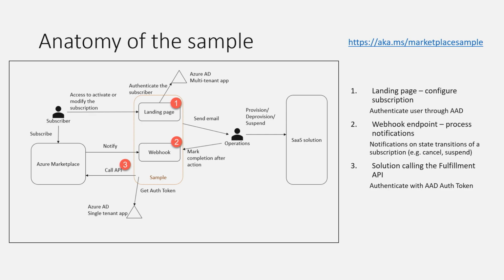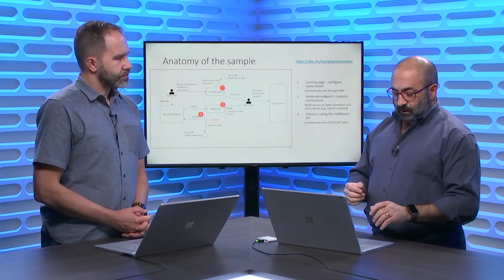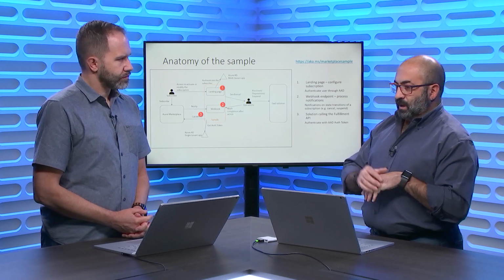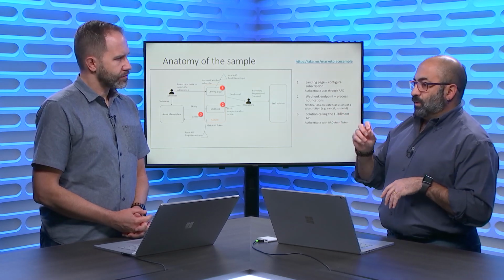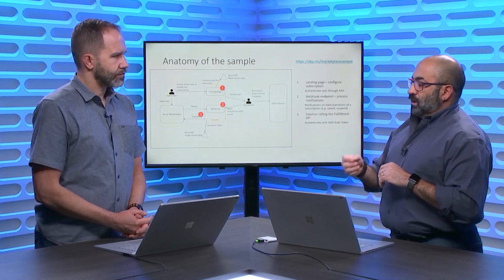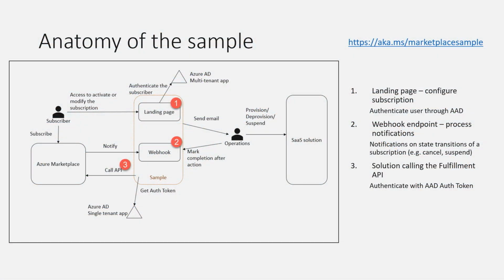Obviously, once the customer is on the Azure Marketplace page, which we will go through in the demo, the customer wants to provide some additional information to the ISV, to the publisher, so that the right resources can be provisioned on the ISV side. And depending on the solution, the ISV might be asking different questions. So there's a landing page the ISV needs to provide and write on their side.